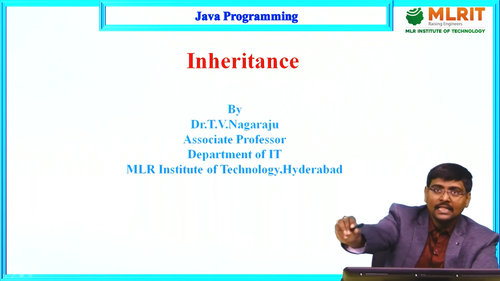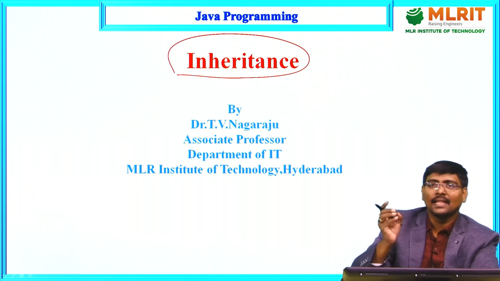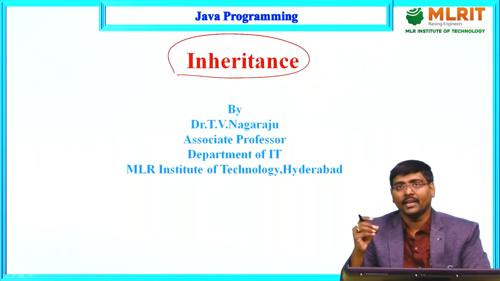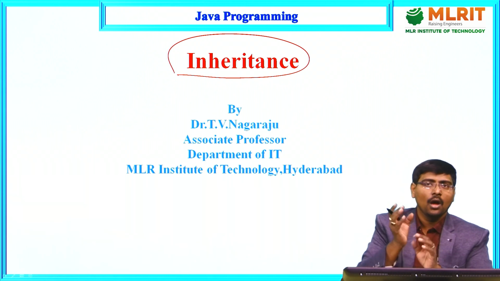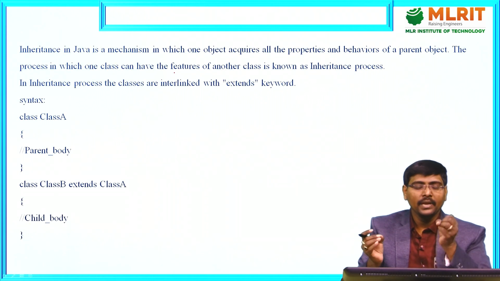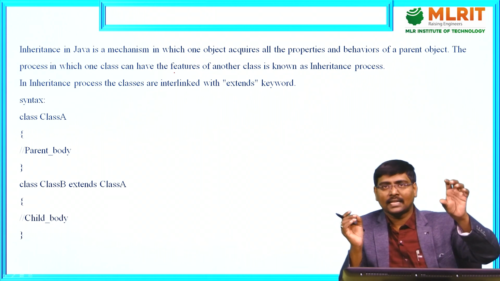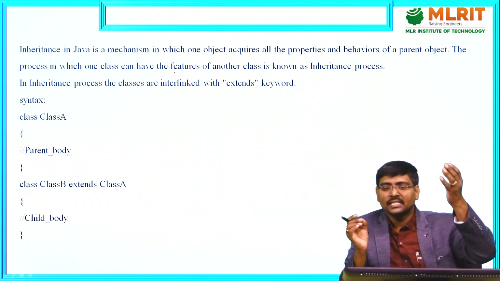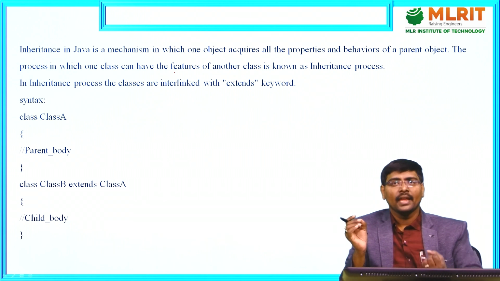Now, in this session, we are going to discuss the concept of inheritance. This is one of the main features of object-oriented programming. What is meant by inheritance? Simply, you have two classes. Assume one is the parent class, the second one is the child class.